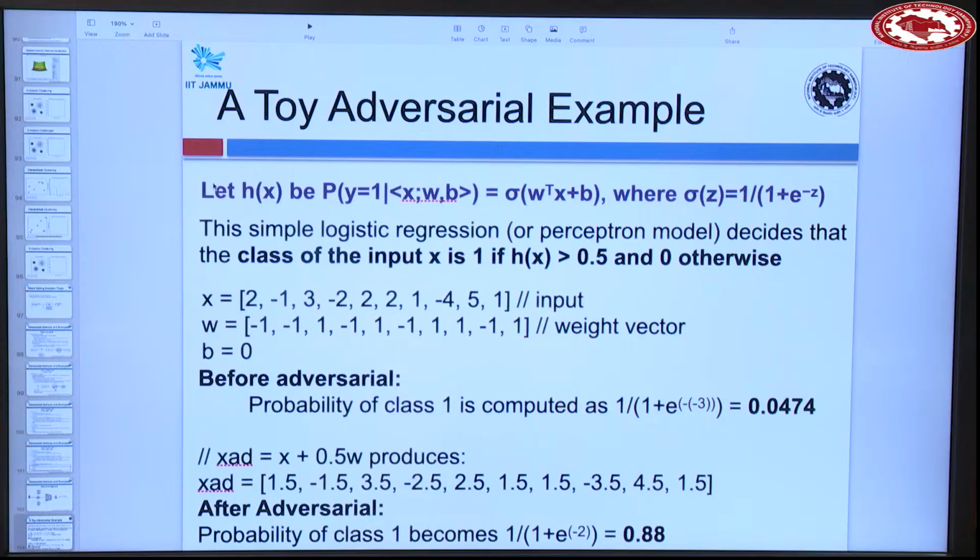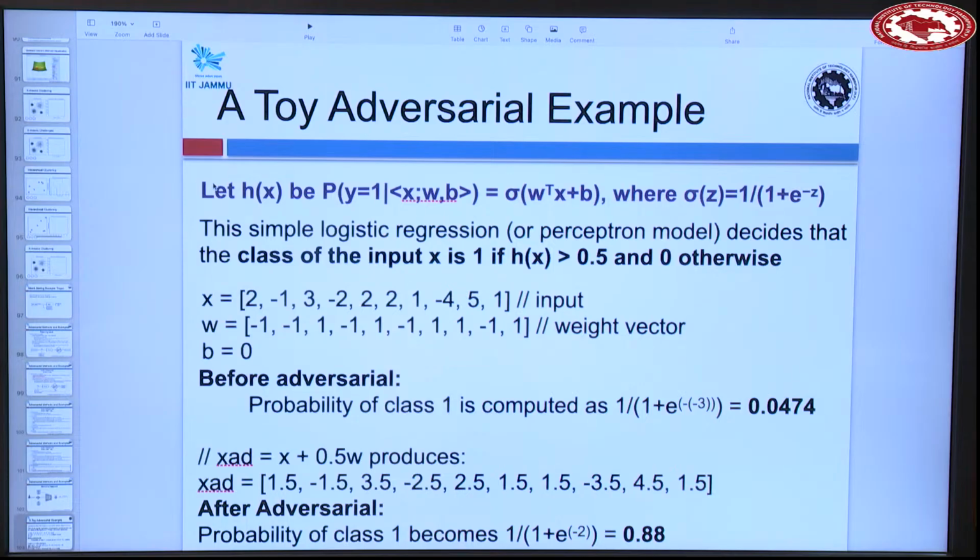We generally use it to map any numbers, the vector that you have, to a probability, or you can say just map the data into the range of 0 to 1 smoothly. So, this is the logistic regression classifier hypothesis. Simple logistic regression is basically a perceptron model.